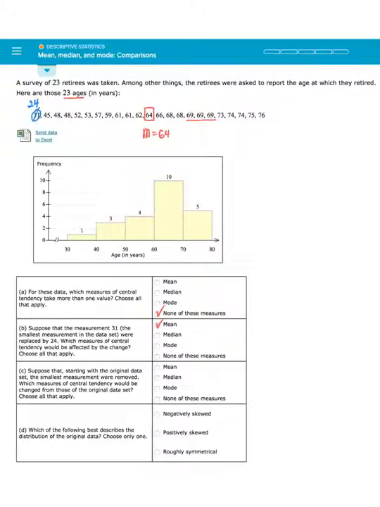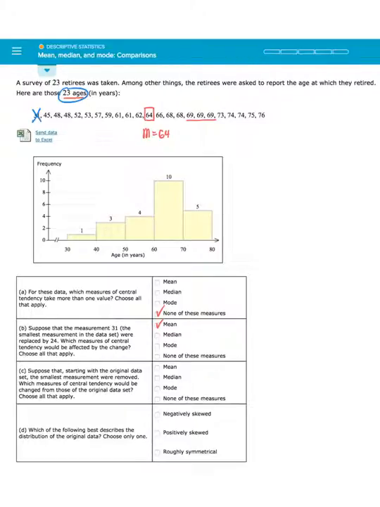Part C. Suppose that, starting with the original data set, the smallest measurement were removed. Which measures of central tendency would be changed from those of the original data set? Choose all that apply. This time, 31 is not replaced by 24. It's completely gone, and I have only 22 ages to consider.